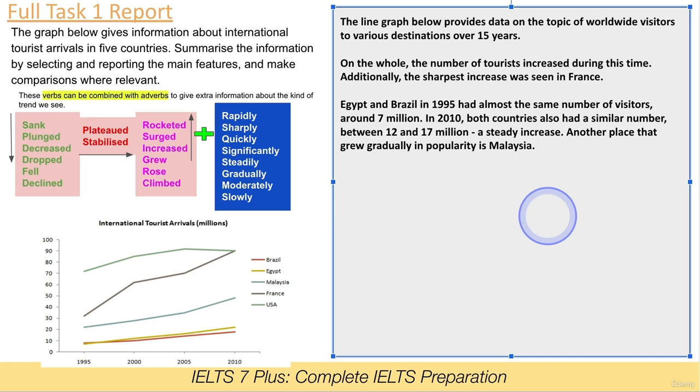Or perhaps we can say was Malaysia for this. However, now we're making our comparison because it's not quite the same. It's different. So we're going to make that distinction now. However, Malaysia started off, so began in 1995 with more visitors.